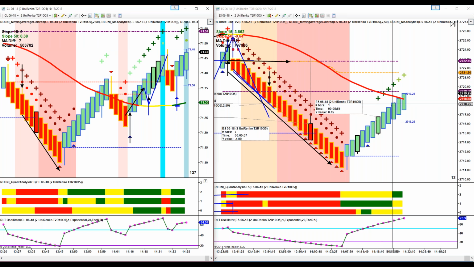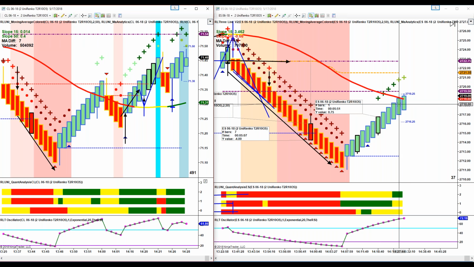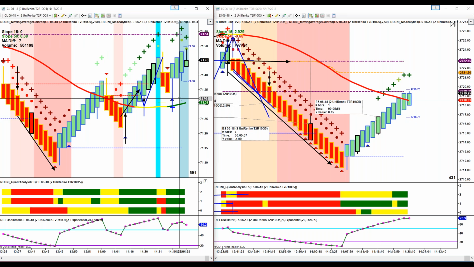Now here's what's happening on the E-mini. See, there goes crude, and it's going to probably launch off this wick. We'll see.